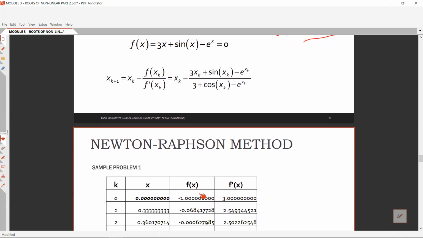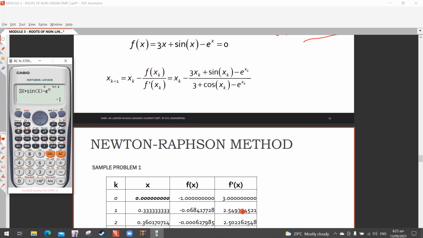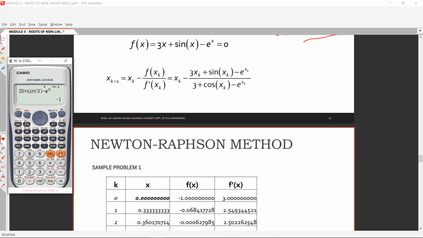Then also, ilagay natin yung f prime of x natin, 3 plus cosine of x minus e raised to x. Calculate at 0, you have 3.